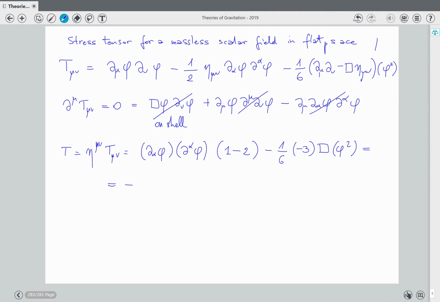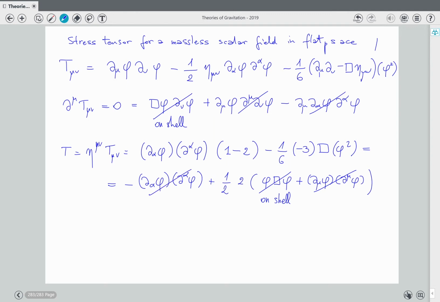Which means that you have minus partial alpha phi partial alpha phi, then you have plus 1/2 times minus 3 divided by minus 6, box phi squared. What is box phi squared? That is equal to 2 phi box phi plus partial mu phi partial mu phi. So again, you see that this vanishes on shell, the other two cancel out, and that fixes the third coefficient. So the trace is 0.